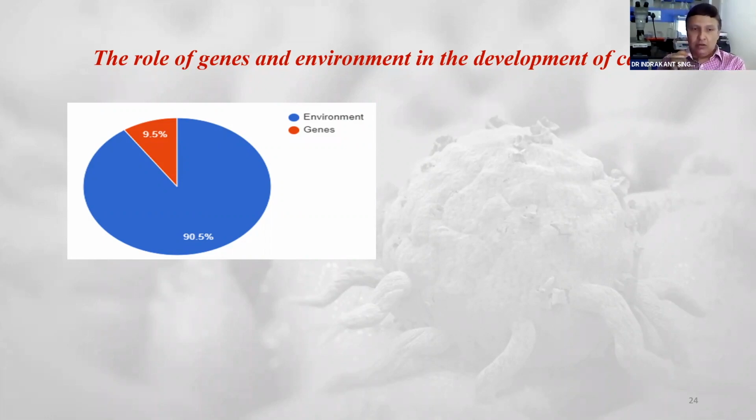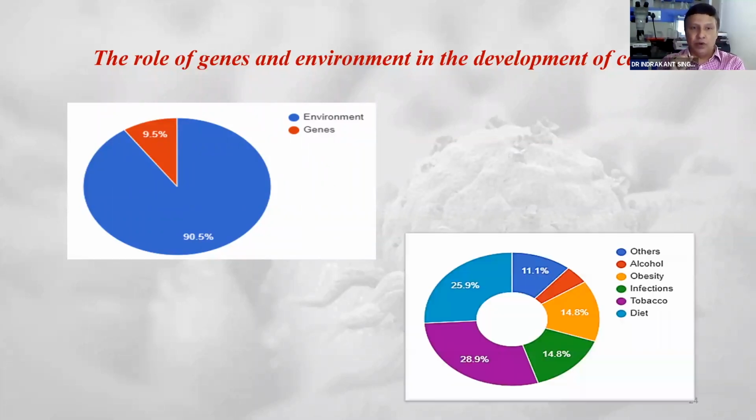You can see a graph on your screen that shows that almost 9 to 10% of all cancers are thought to be related to heredity, and as for the rest, maybe up to 90% of cancers have their roots in the environment and lifestyle. Okay, now you can see another graph on your screen.